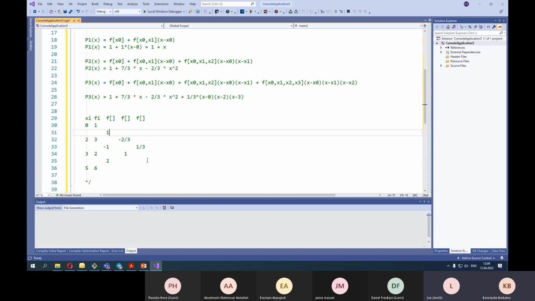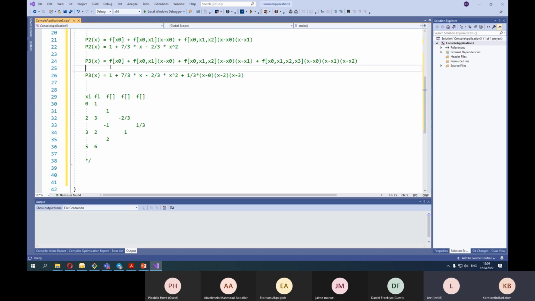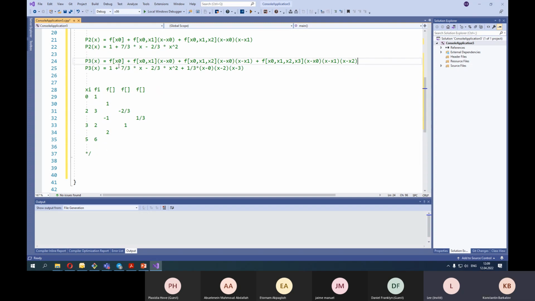Well, I think you understand how to find the polynomial of the next degree. We will not find polynomials anymore, but just let me write. Imagine that we have one more point, for example, the point 7 and 6 again. How to find the polynomial of the next degree?